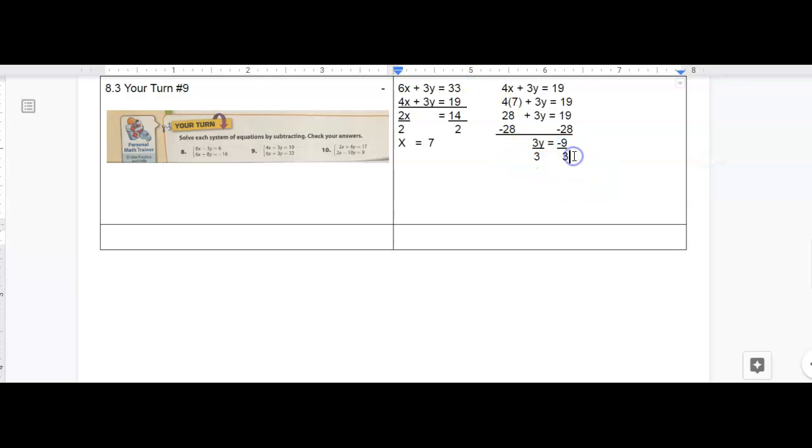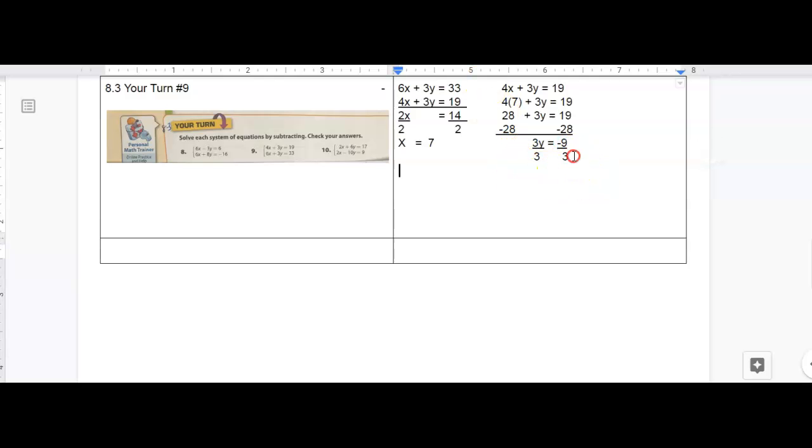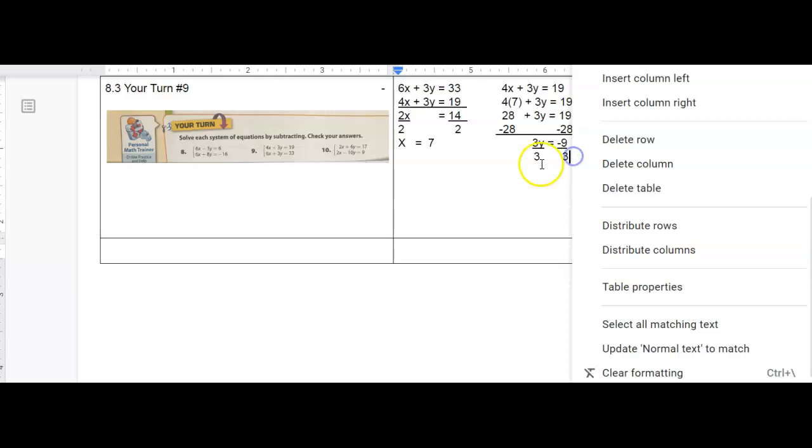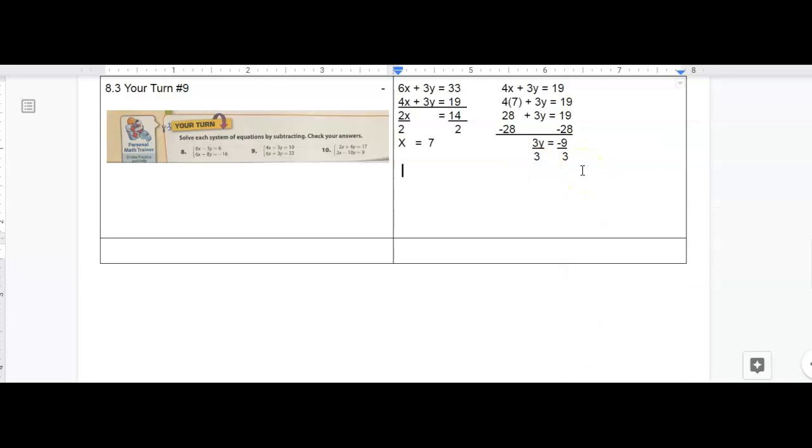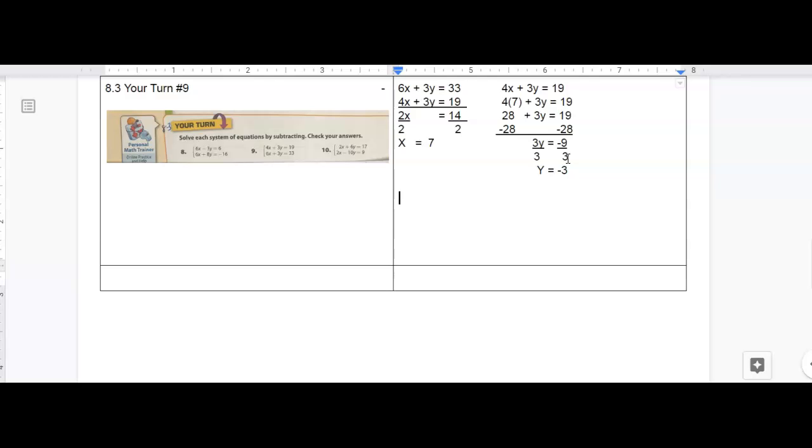So 3 divided by 3 is 1. 1 times y is y equals negative 9 divided by 3. That's negative 3.